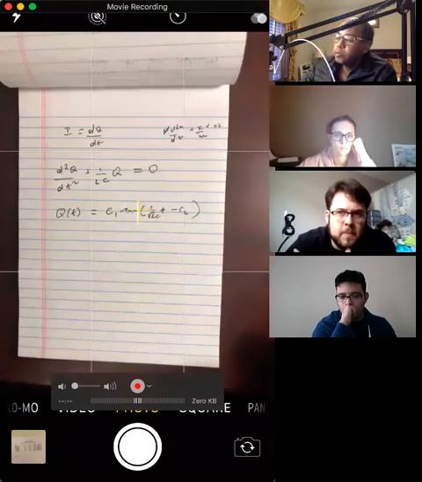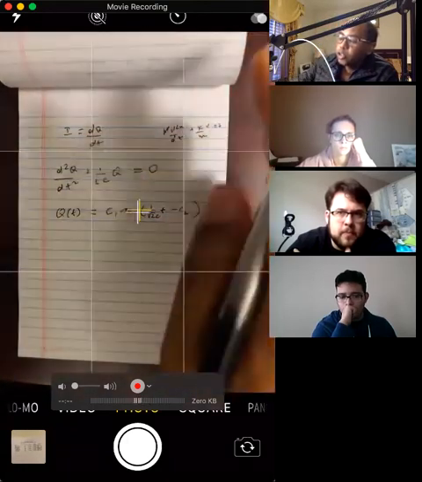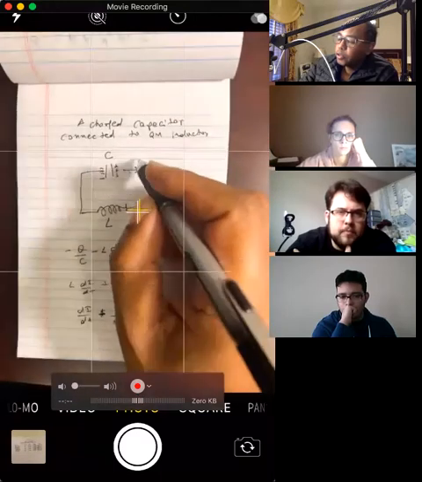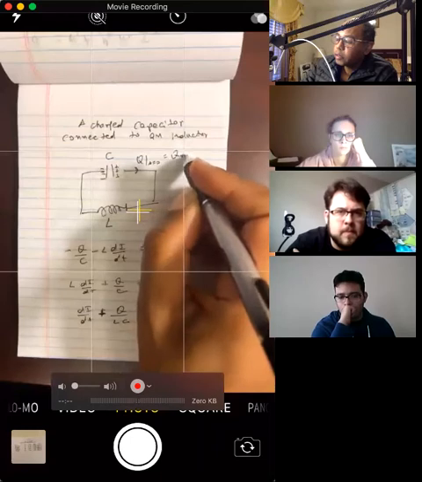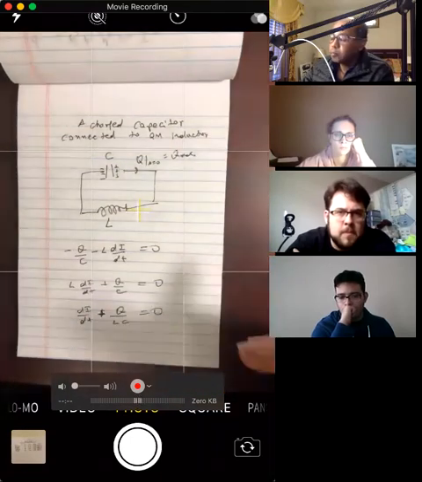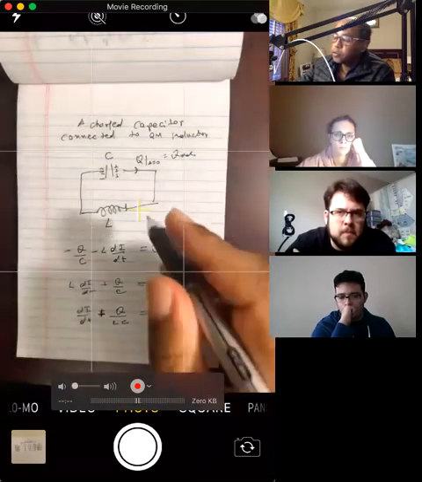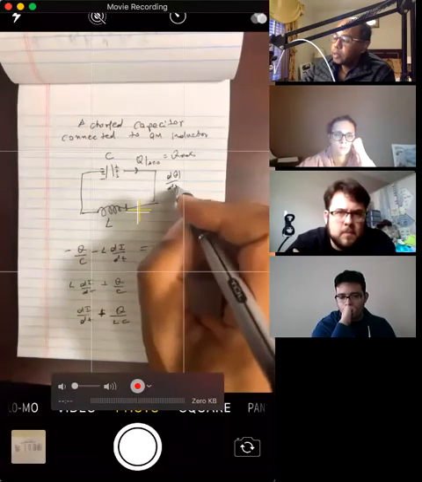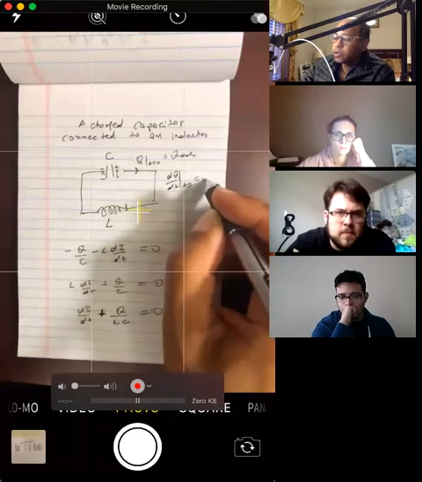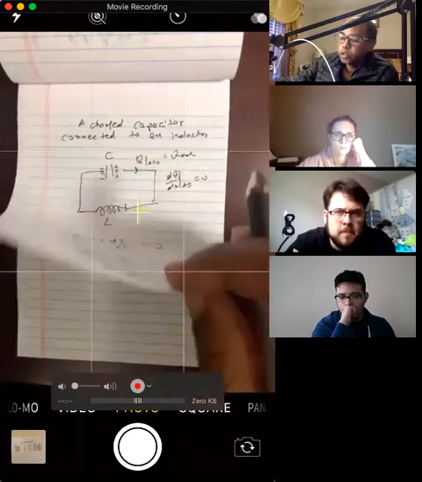So what do we know? Well, we have initial charge. Let's say the initial charge over here at t equals 0, we start with this charge, Q max. And then of course the current is 0, so you can say dq by dt at t equals 0 is also 0. So we have these two initial conditions.